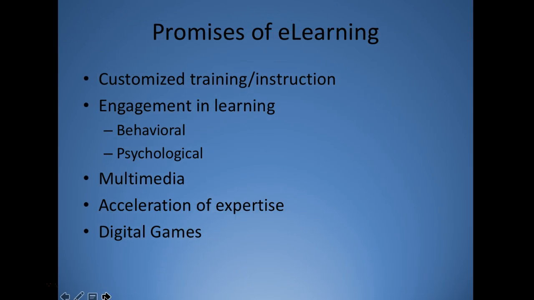So what are some of the promises of e-learning? E-learning offers customized training and instruction. If you think about it, we mean that this is where you can tailor the content and the methods and the way that you navigate through the program based on the need of individual learners. Think about programs where you learn how to use a new software program, or where you learn to do something.